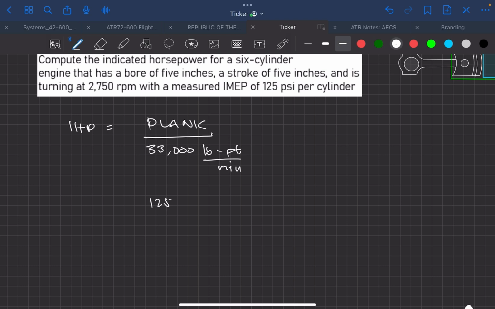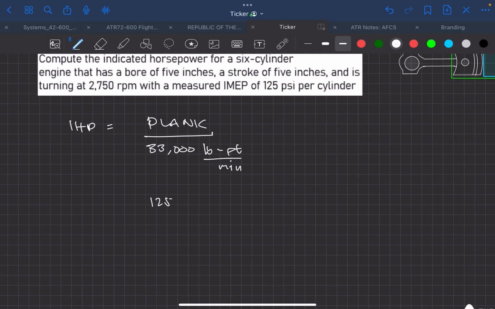I'm not going to include the units now since we already did our dimensional analysis. That's 125 in form of psi. Length is given as the stroke of 5 inches.